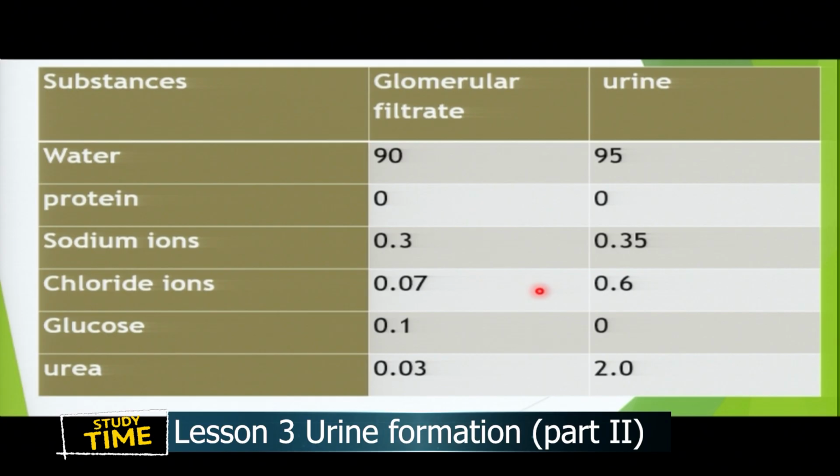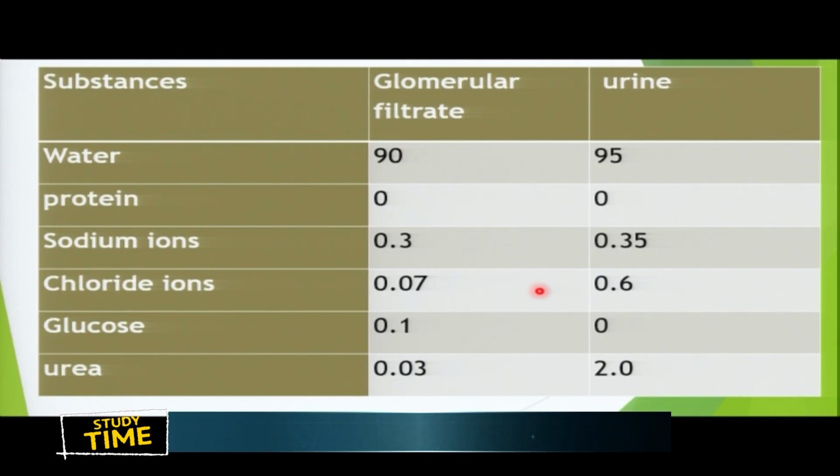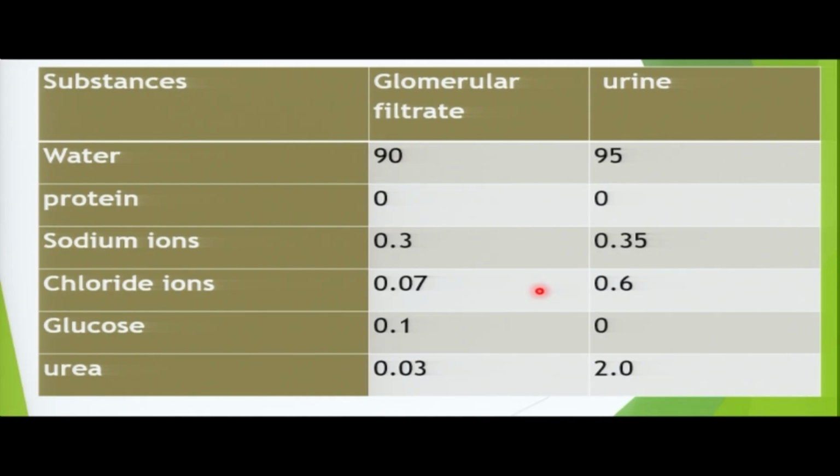In the urine, water is 95. We have zero protein in the urine because it has been reabsorbed. Sodium ion is 0.3, chloride ion is 0.6. Glucose is 0 in the urine because it is already reabsorbed. Urea is about 2.